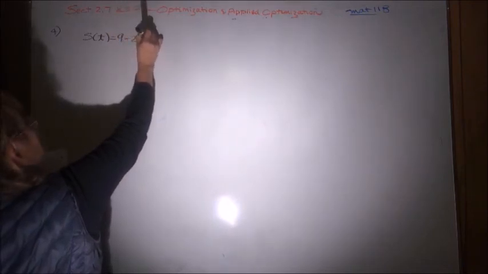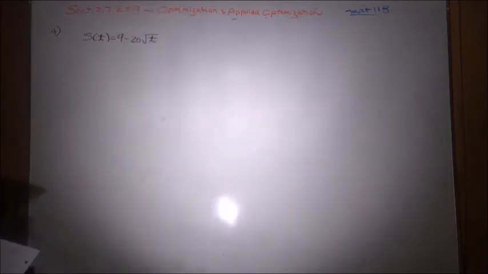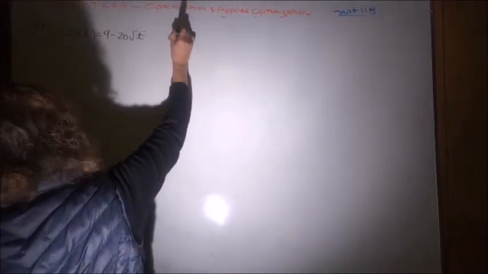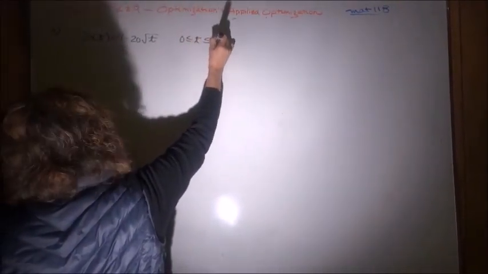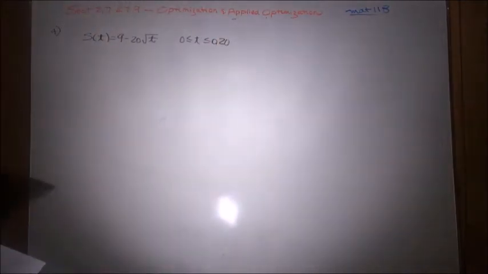Economists estimate that the relationship between the tax rate T on an item and the local sales S of that item in millions of dollars is this function. So what is it saying? Find the tax rate that maximizes revenue to the government.